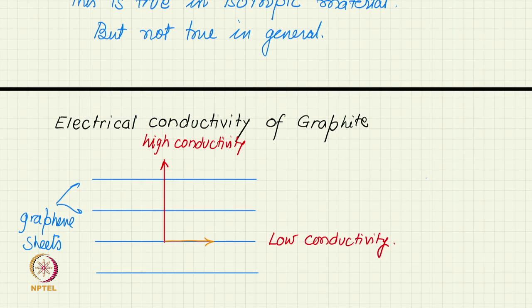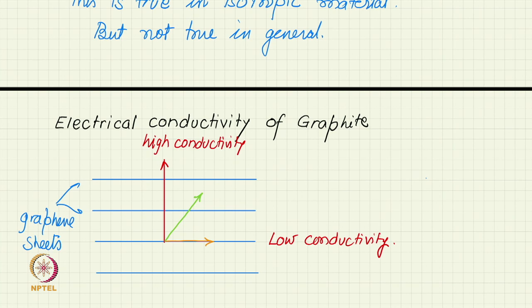In this case, it will not be true in general that the electric field and the current density vector will be parallel. Let us look at that. Let us assume that we are applying an electric field exactly at 45 degrees to the normal direction.